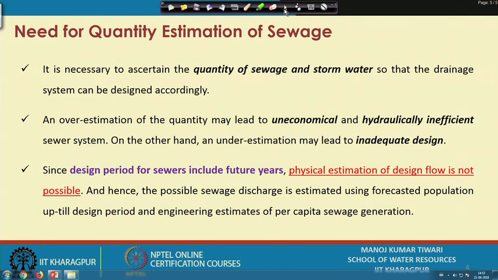On the other hand, if we underestimate, then again our design is going to be inadequate. Let us say our actual generation is 1000 MLD and we estimate it to be 600 MLD. Our design will be based on 600 million liters per day, and when there is a 1000 million liters per day flow, our design is not adequate, there will be overflows, there will be problems, there will be pressure breakage situations.